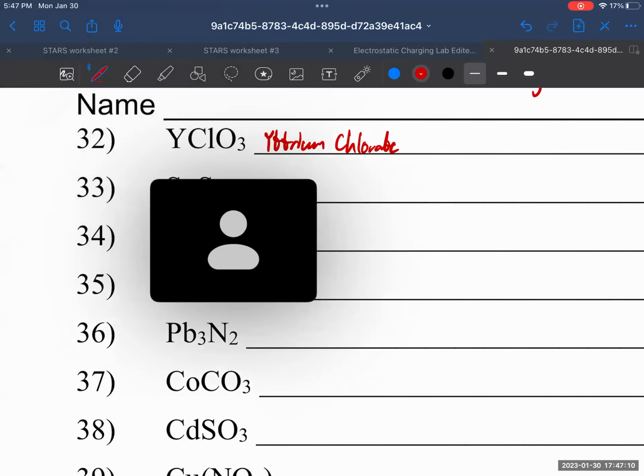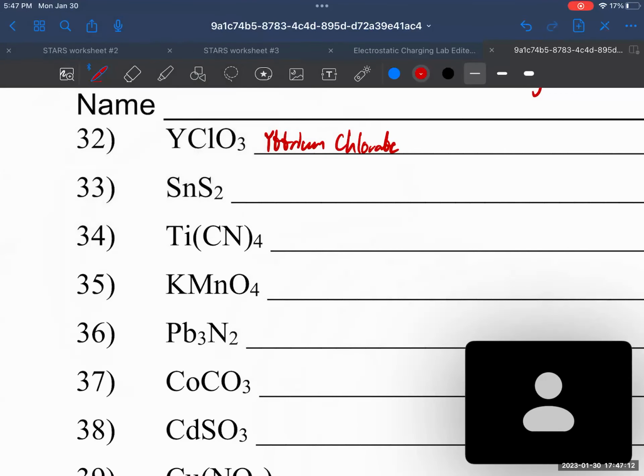Wait. We're forgetting something. We are indeed forgetting something. There we go. Thank you, Richard. We would need a Roman numeral for yttrium because it does have multiple charges. Don't agree with everything I say. It's bad. So you get yttrium 1 chlorate. That's the correct name. I was waiting for y'all to correct me on that. So this is the correct name of the compound, yttrium 1 chlorate. Even though there's a 1 there, you still have to include it, like copper 1, same thing, yttrium 1. Does that make sense to y'all?